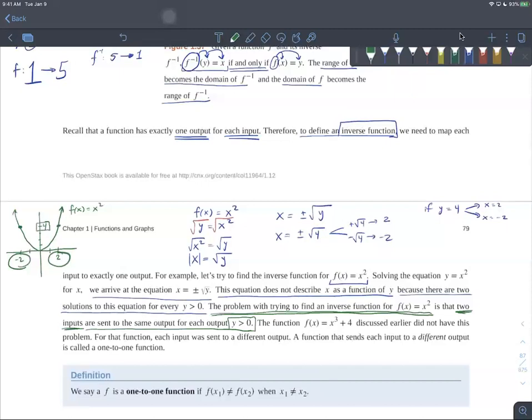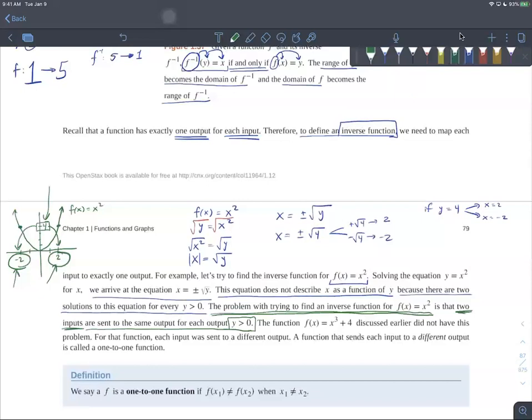So when you invert the function, there is one input, that is going to be sent to 2 outputs, as we've seen in this example here. Okay, so we can't have multiple inputs being sent to the same output, because if we try to invert the function, then we're going to run into a problem where one input will be sent to multiple outputs.